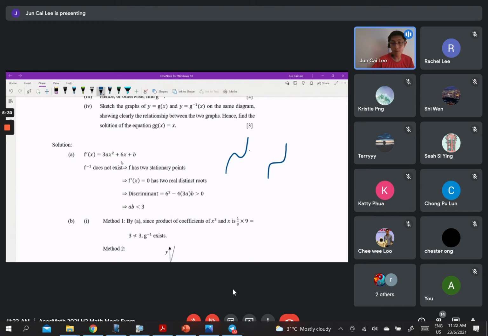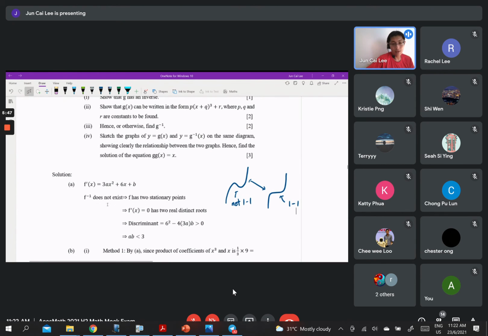So you find that if you compare between the two shapes, one of them has two turning points. This guy is not one-to-one. Whereas the second version is actually one-to-one. So we can see that from here, in order for f inverse to not exist, the conclusion to make over here is that there are two stationary points, and that means that f'(x), which is a quadratic expression, set equal to 0 has actually two real and distinct roots.